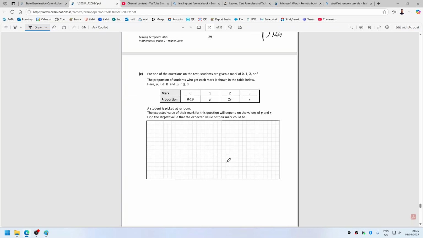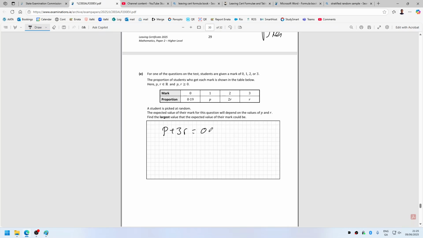For one of the questions of the test, students are given marks of 0, 1, 2, or 3. The proportion of students who get each mark is shown in the table below. If a student is picked at random, the expected value of their marks for this question will depend on the values of p and r. Find the largest value that the expected value of their mark could be. Right, okay, well, look, p plus 3r has to equal 1 minus 0.19.